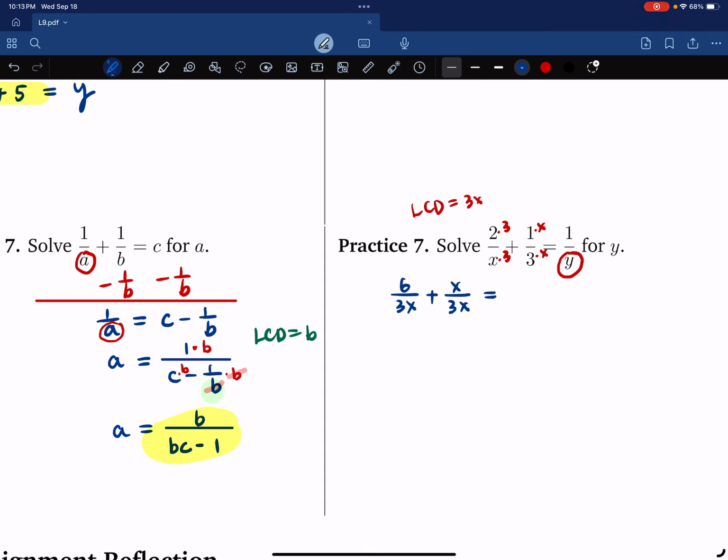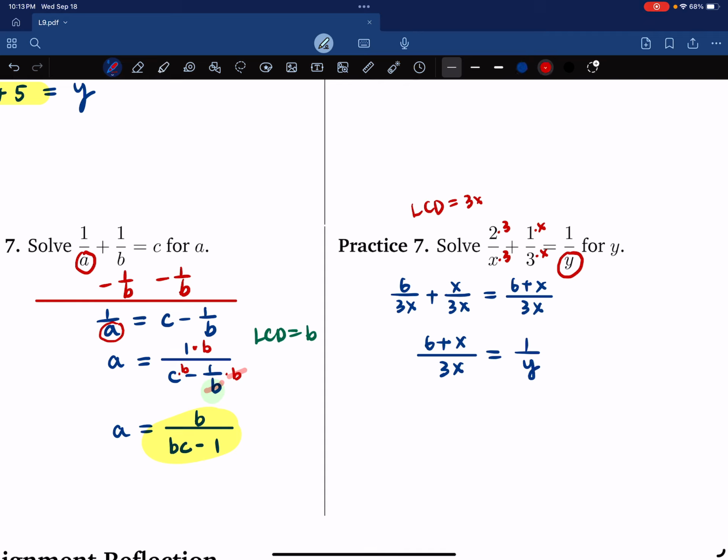And if I add them, I will get 6 plus x over 3x. So this is the left-hand side. Let's rewrite the equation now. We have 6 plus x over 3x equals 1 over y.